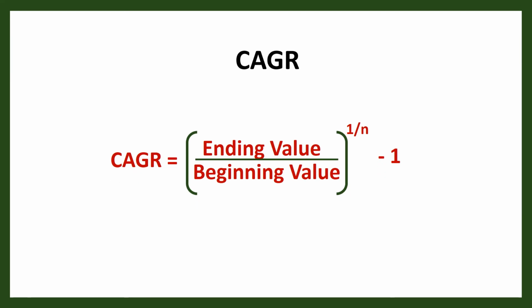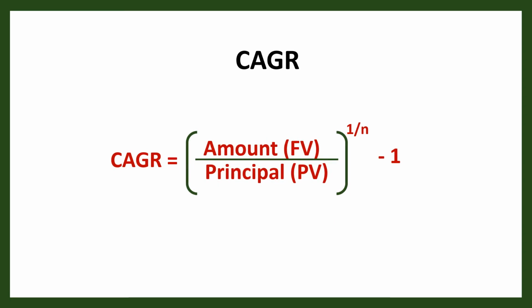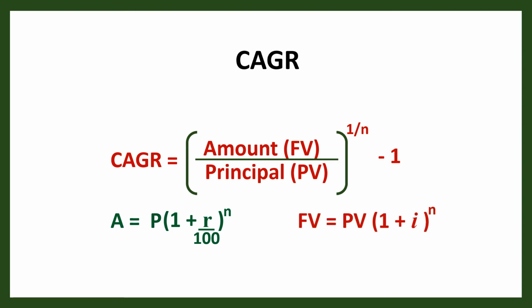This ending value is the amount or the future value, and the beginning value is the principal or the present value. Thus, the CAGR formula can be obtained from the formula to find amount in the case of compound interest. That is, A is equal to P into (1 plus R by 100) whole raised to N. And we know that this formula is the same as FV is equal to PV into (1 plus I) whole raised to N. Here amount is equal to future value and principal is equal to present value.